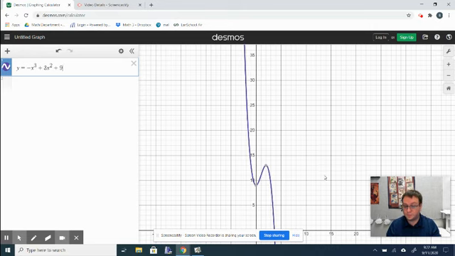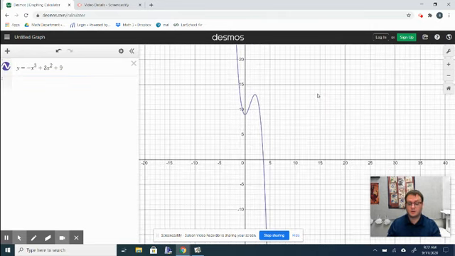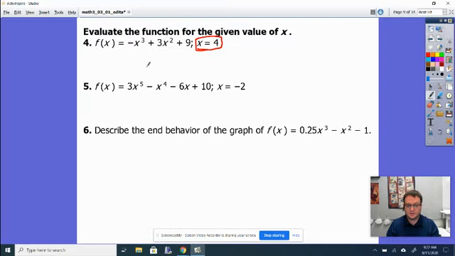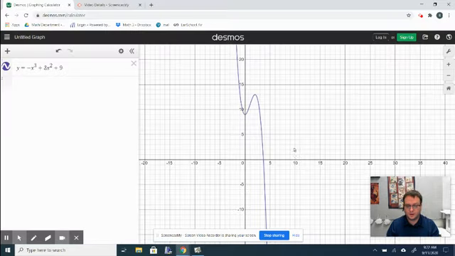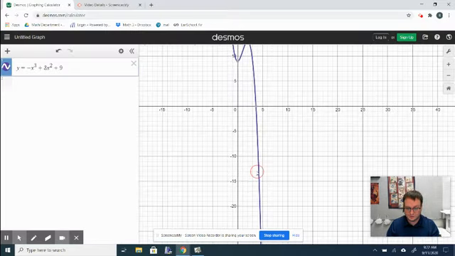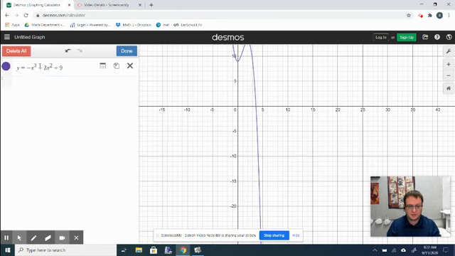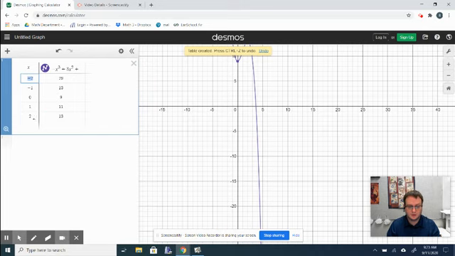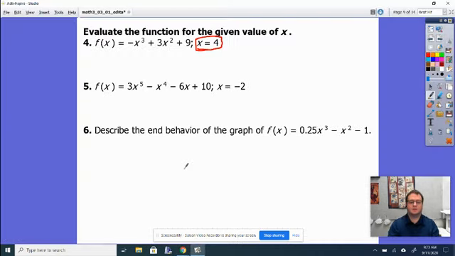Now I'm not actually going to be precise on this. Looking at this, it's asking me to evaluate at 4. Now again, I could follow this and try to find 4. That's going to be a pain. So let's just make it into a table and then add a couple more lines. 4 is at negative 7. And that's really all you need to do on these.